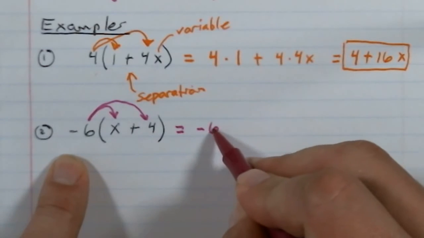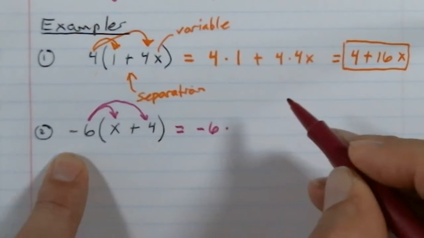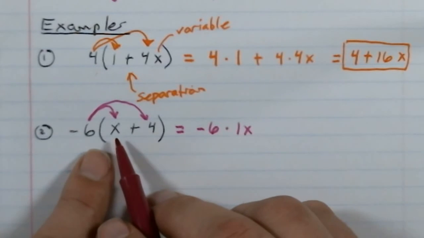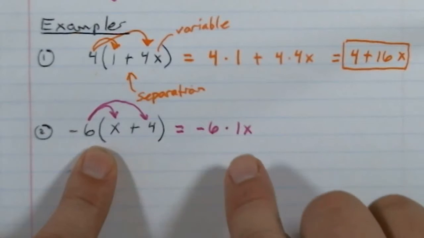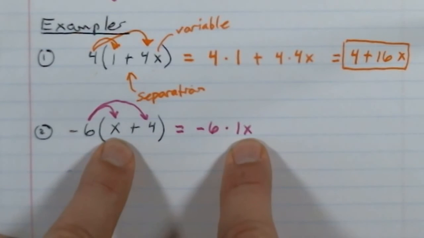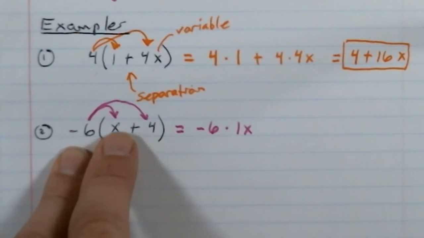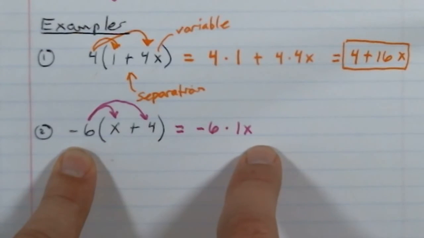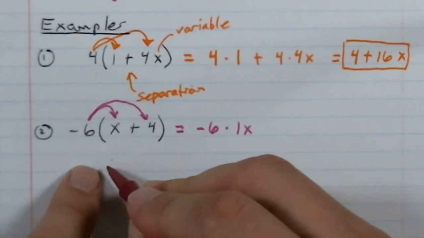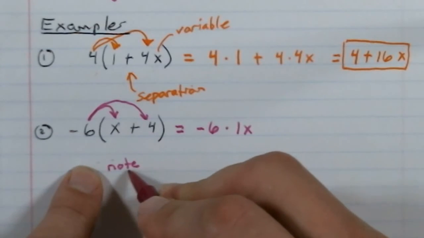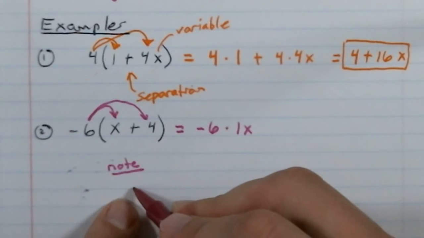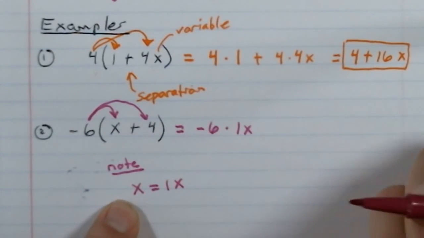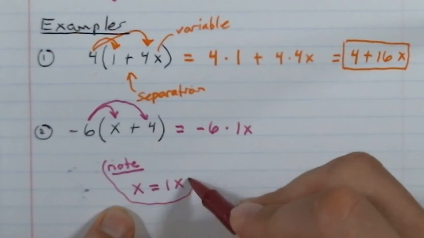This is negative 6 times 1x. I hope you understand that this x and this x are the same, because how many x's do you have here? You have 1x. So make a little note: if you see an x, that equals 1x.